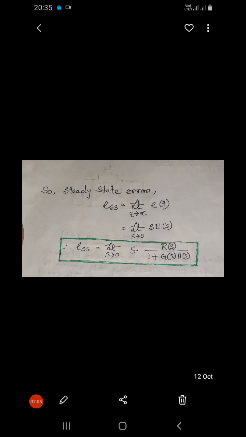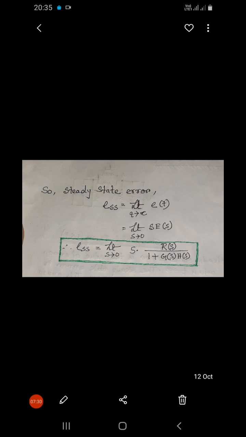If E(s) is given, then to get e(t) we again need to consider the inverse Laplace transform, and after that substitute t tends to infinity. So I am going to use the final value theorem here.